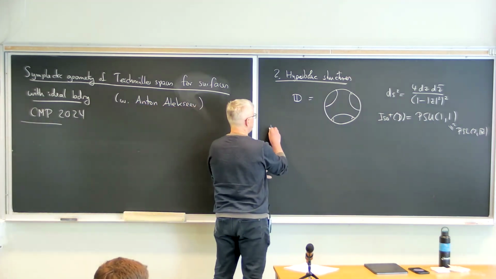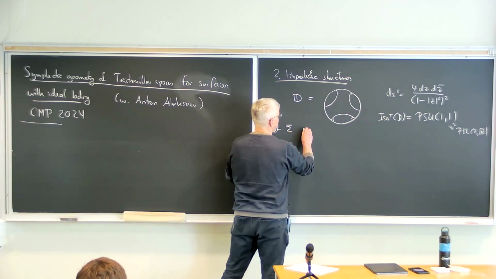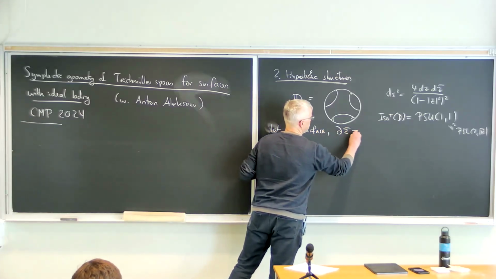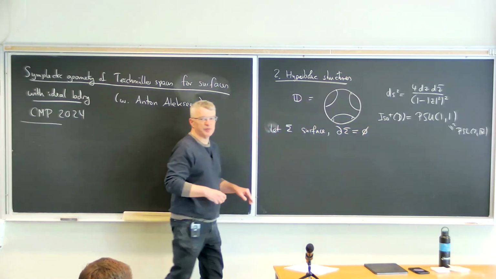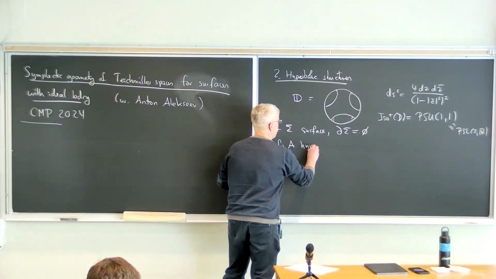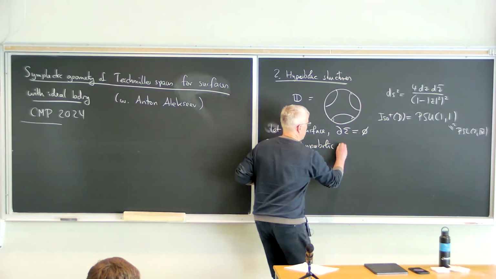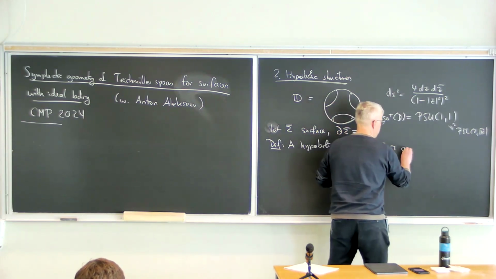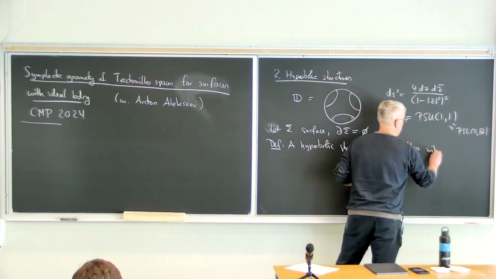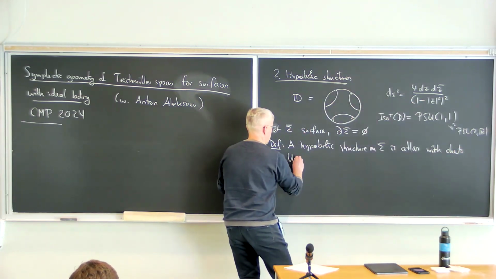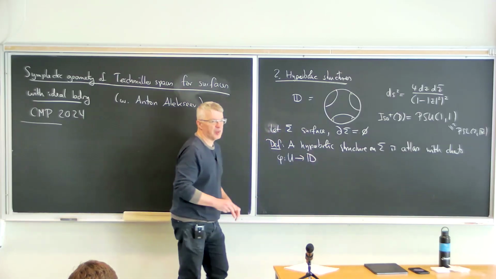Now the definition of hyperbolic structure. So let Sigma be a surface of first class without boundary. Later I include the boundary. Then I say a hyperbolic structure on this surface is given by an atlas with charts taking values in the Poincare disk.